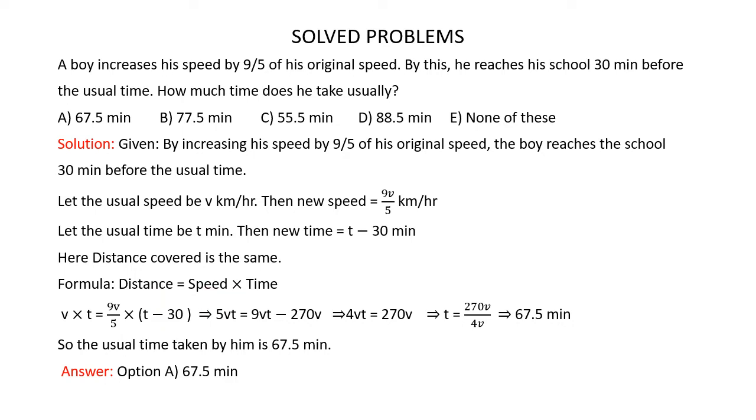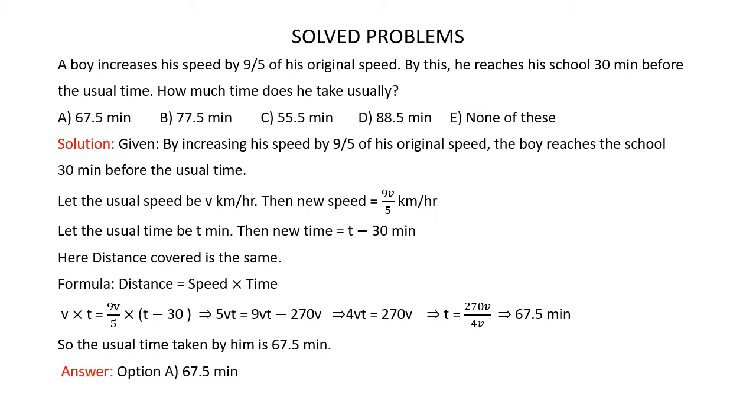Now at the usual speed of v kilometers per hour and the usual time of t minutes, distance is equal to v multiplied by t. With the new speed of 9v by 5 kilometers per hour and new time of t minus 30 minutes, distance is equal to 9v by 5 multiplied by (t minus 30).